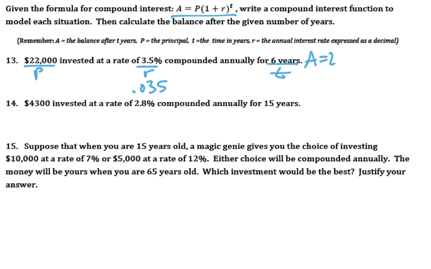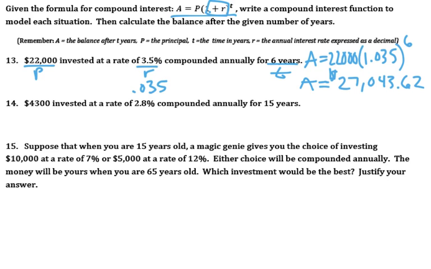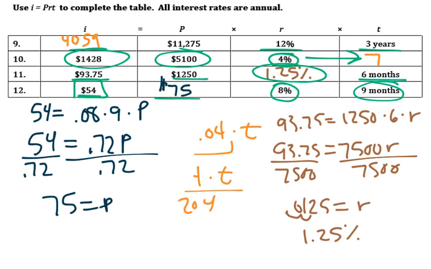A equals 22,000 times 1 plus the rate, or 1.035, you can write it both ways, to the 6th. Either way works. Type that in, because you'll need a calculator to do these ones, and we get 27,043 and 62 cents.